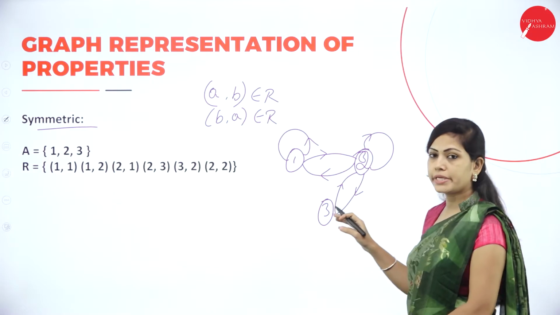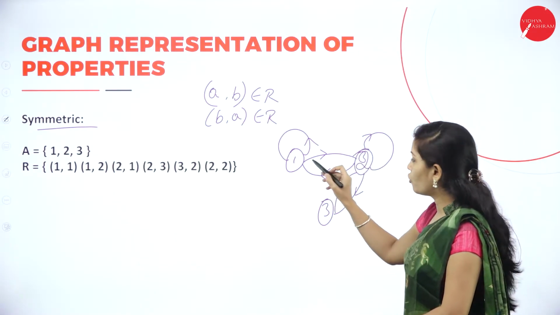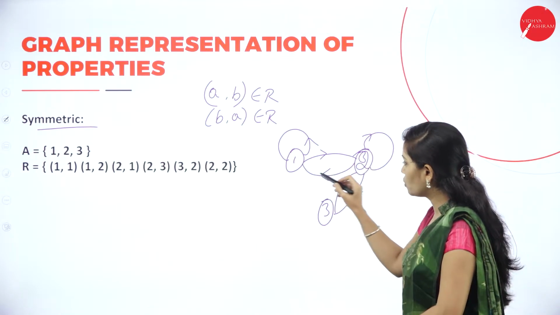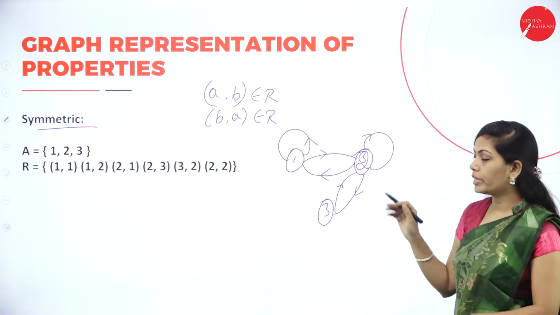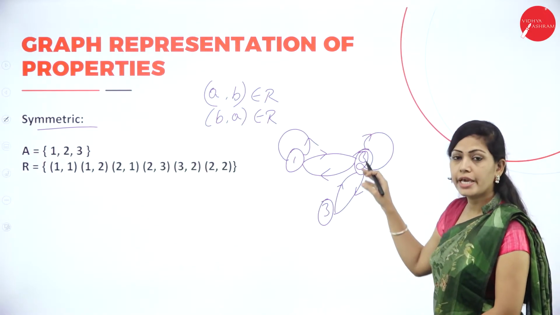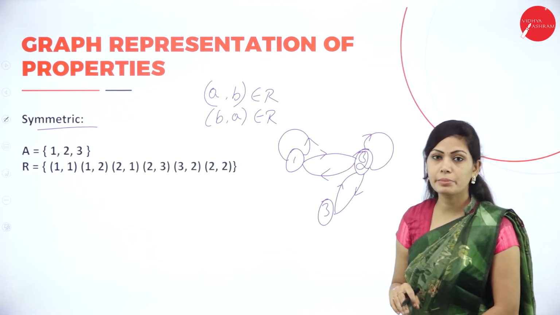In the symmetric property, we will get a closed loop between 2 vertices. Between vertices 1 and 2 we have a closed loop, and between vertices 2 and 3 we have a closed loop. So in the symmetric property, if you get a closed loop between 2 vertices, that is called the symmetric property.